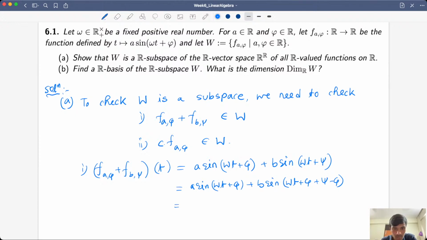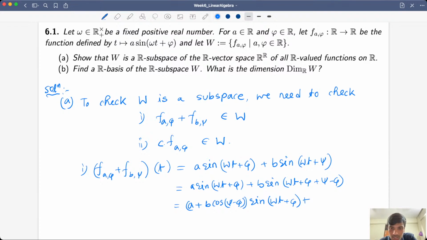That will give me sine omega t plus phi times cos psi minus phi, and if I take common this term, that gives b cos psi minus phi with sine omega t plus phi, and the remaining term was the sum.